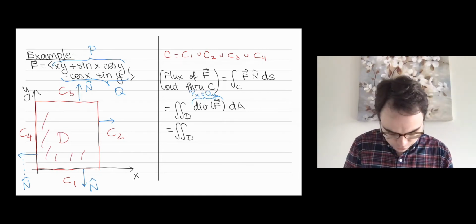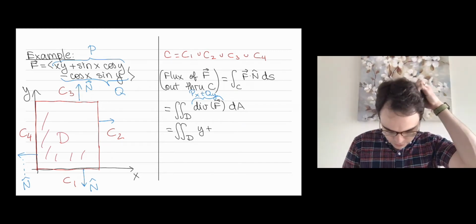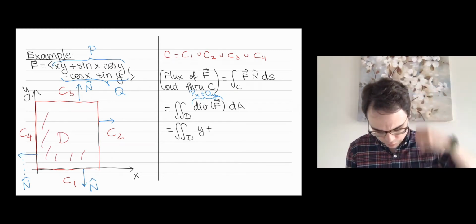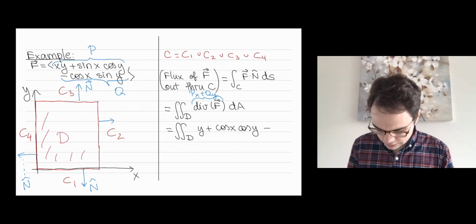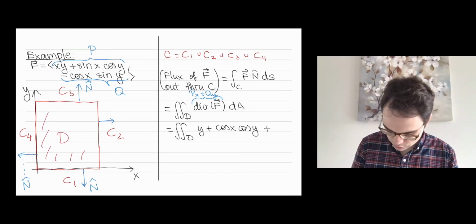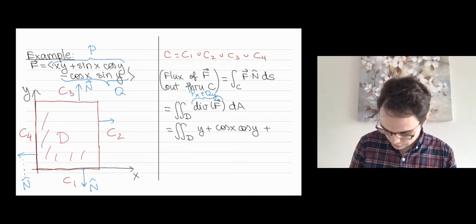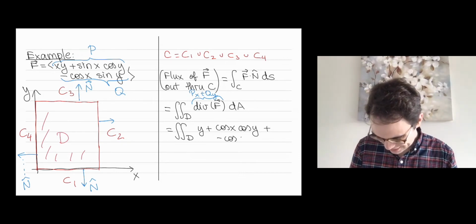So the x partial of P is just y plus the derivative of sine x cosine y with respect to y, which is cosine x cosine y. Plus the y partial of Q, which is just cosine x, minus cosine x cosine y. Okay, good. So you see, this is really an in-class demo where things can miraculously cancel to help the instructor.